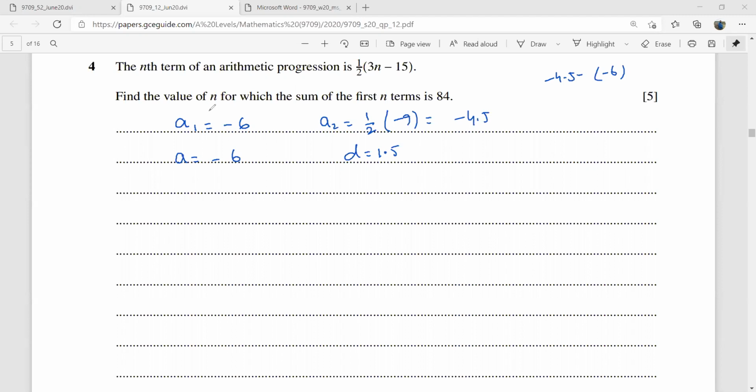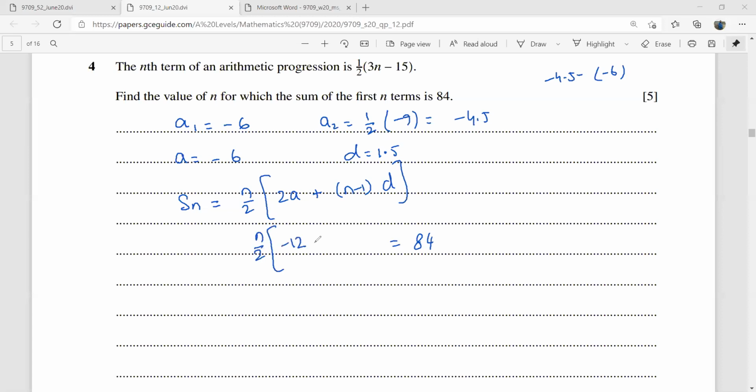So now we have the sum of the first n terms. So let's use the formula that Sn is equal to n by 2 into 2a plus n minus 1 times d. So Sn is given to us. I'll be writing it here. That is 84. That is n by 2 into 2a.